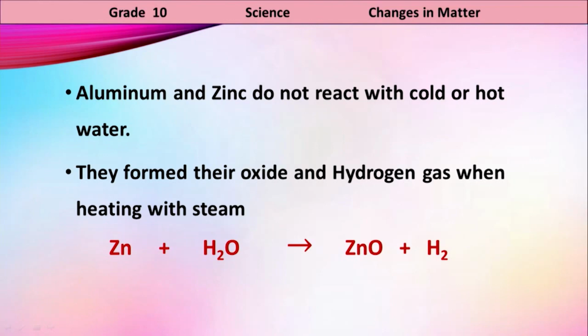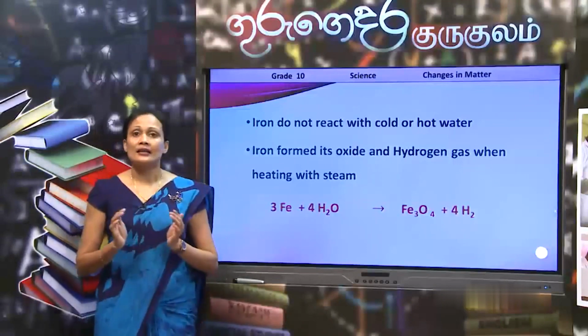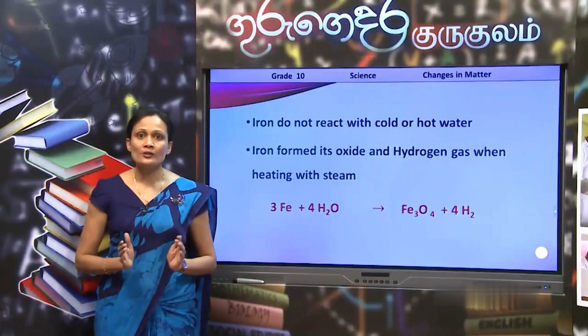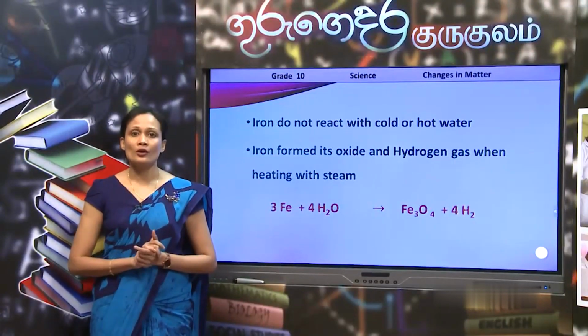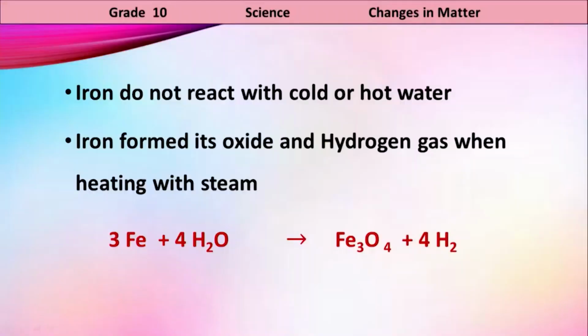Now think about iron. If we get iron, it does not react with cold water and also not with hot water. But iron forms its oxide and hydrogen gas when heated with steam. Here, look at the equation.